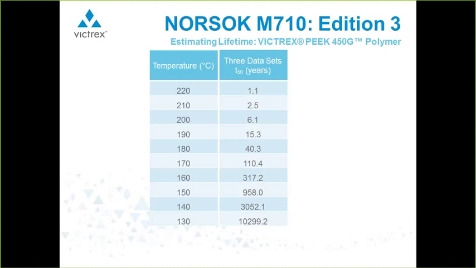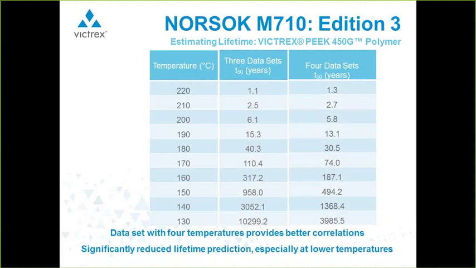However, you will see that this data is telling me that my tensile strength of PEEK is going to have reduced by 50% in 1 year, approximately at 220, and then going down to say 180, that process would take 40 years. Now, I then add in the results taken from 4 data sets.